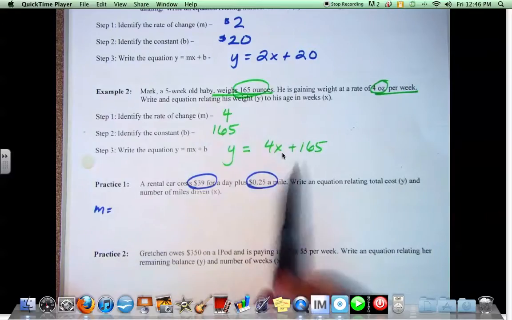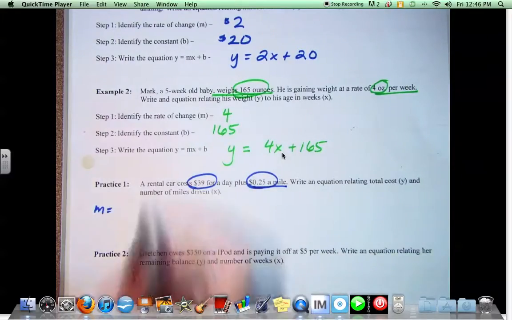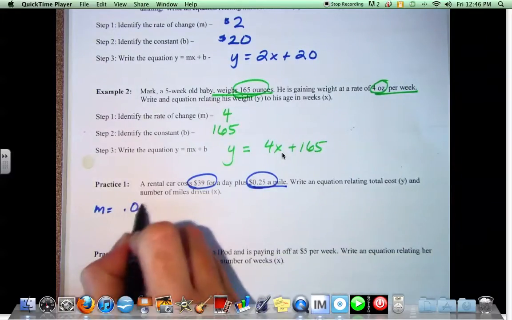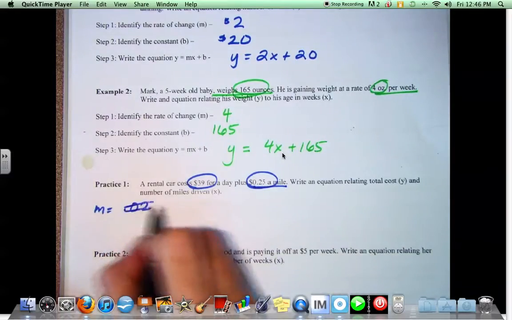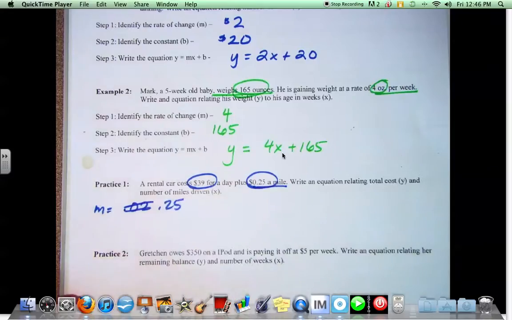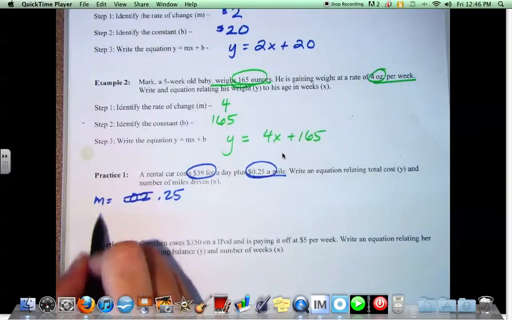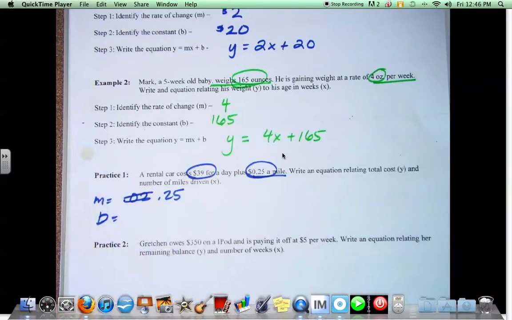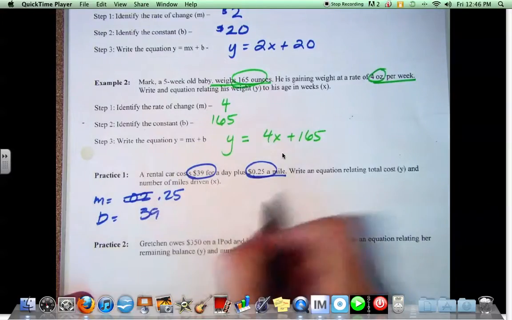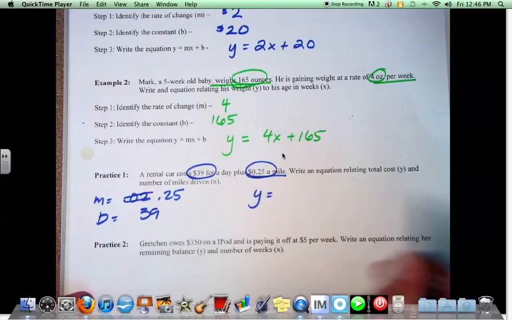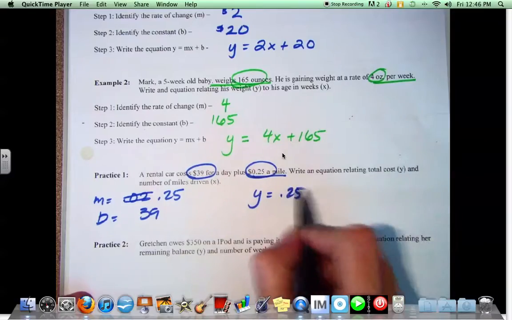Very good. We know that it's occurring per mile. So this is our rate of change. Whoops, I wrote that wrong. 0.25. And our y-intercept, where we're starting, or the one-time fee that we have to pay, is 39. So y equals 0.25x plus 39.